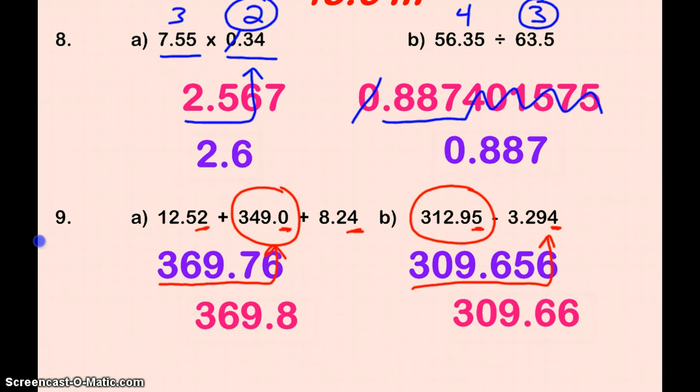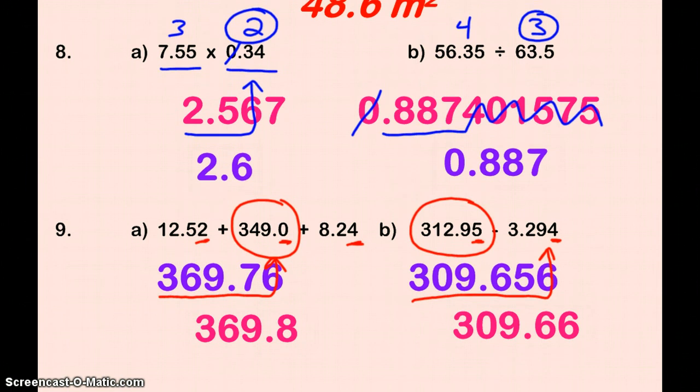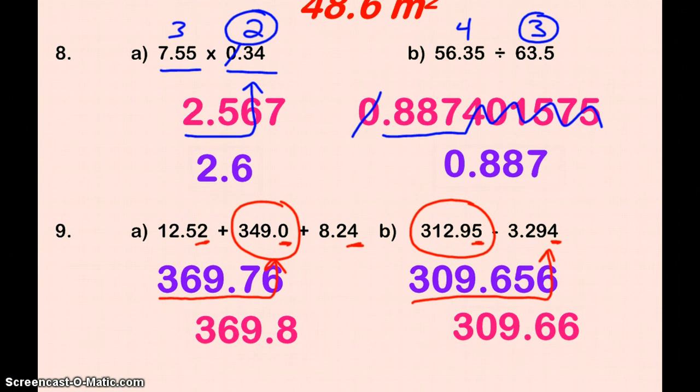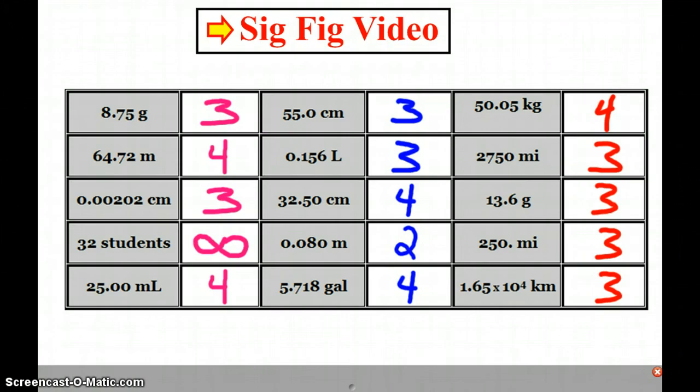Pause the video and I'll come back and give you the answers. But again, the main thing here is when we multiply and divide, like up here, we need to match sig figs. Our answer matches the least sig figs. And then when we add and subtract, we're looking at the decimals, how many numbers are after the decimal point. So again, try the practice and then check your answers.